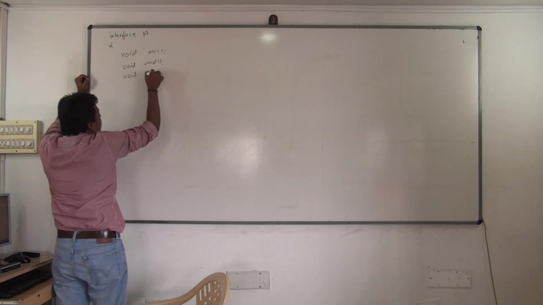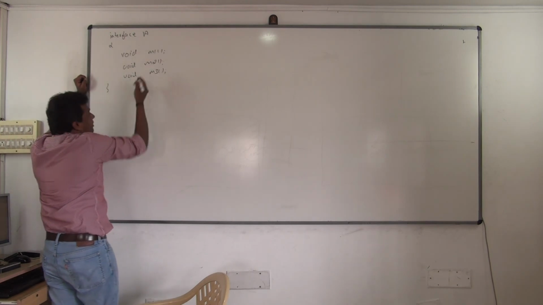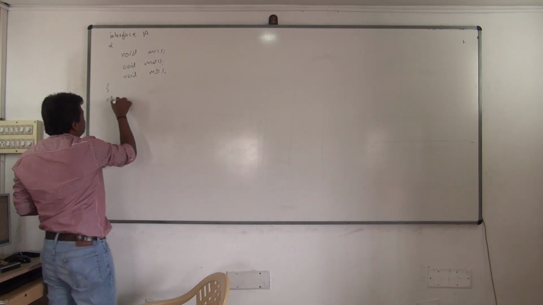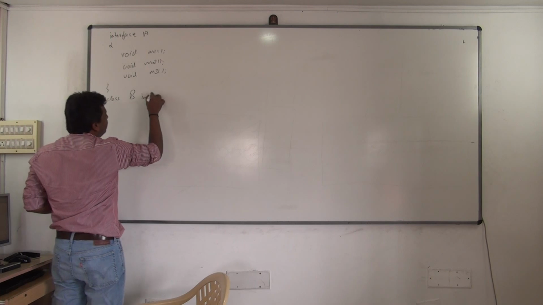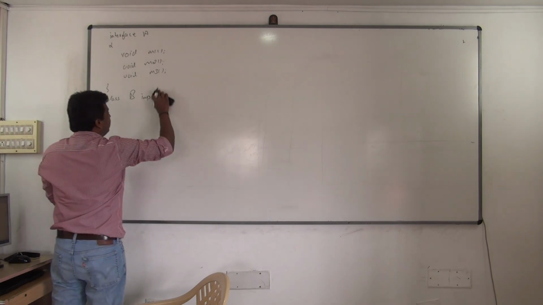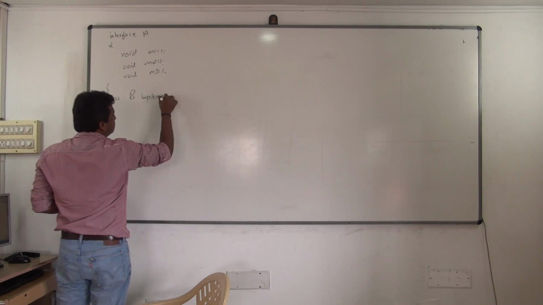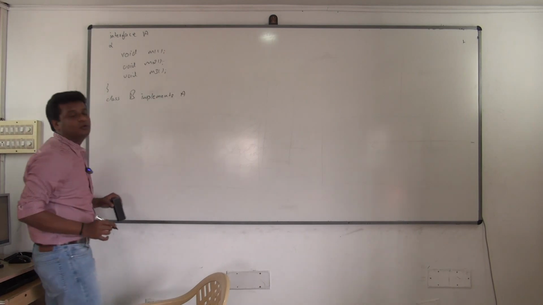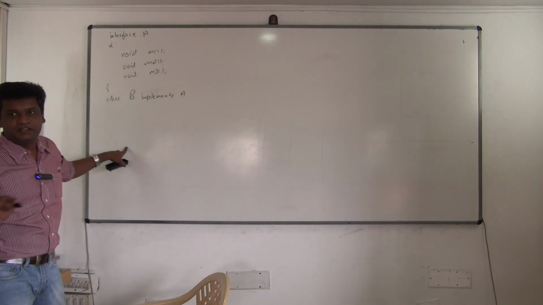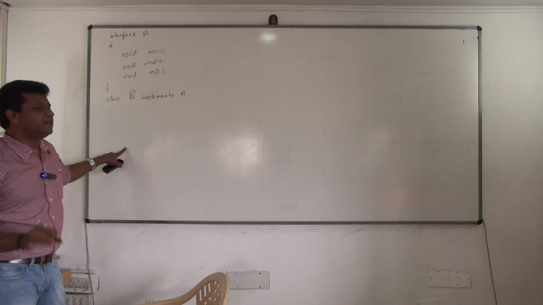Three abstract methods are there. Now class B will implement it. You know the rule now. What is the rule? It has to compulsorily override all the abstract methods. Plus extra methods it can have.